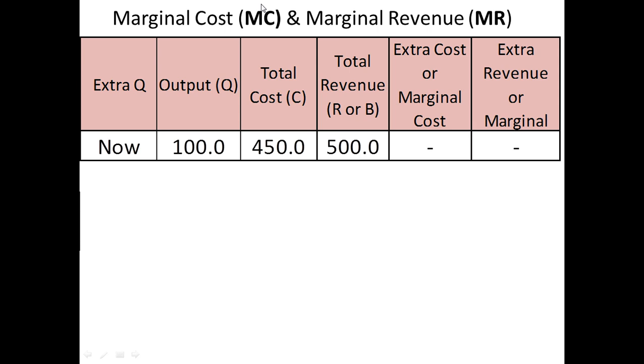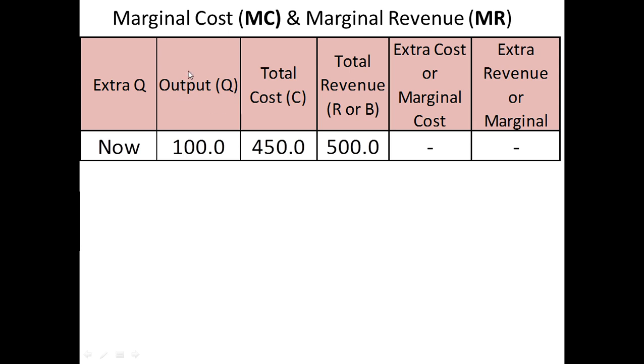After paying, you get the goods in your hand, in your house or in your shop. Then when you sell, you get revenue. But it is not total cost or total revenue, it is about extra or marginal cost. Look at this table.